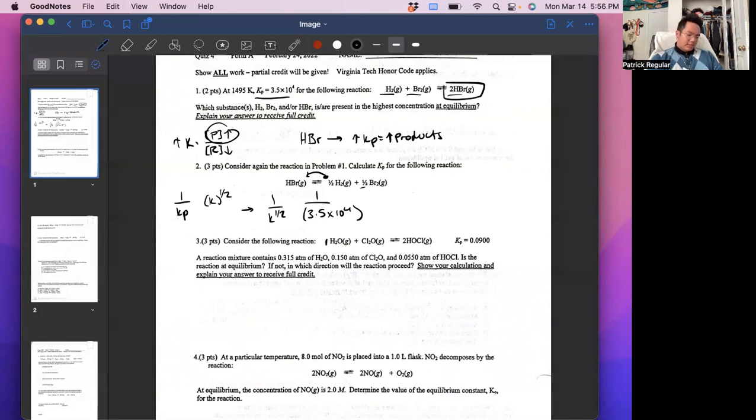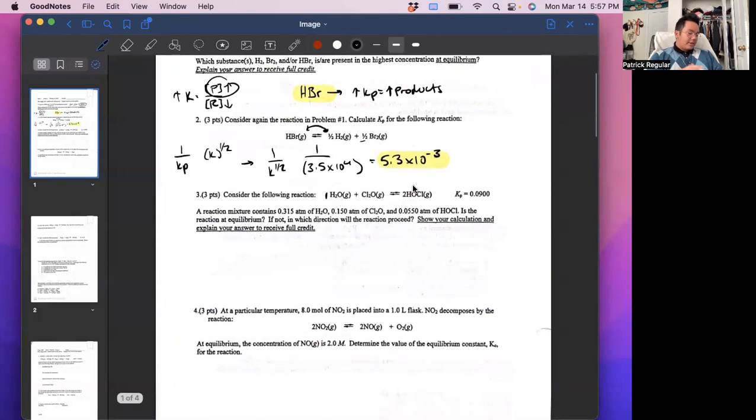Math is already done. Our new Kp value is 5.3 times 10 to the negative 3. All right, let's move that back down.